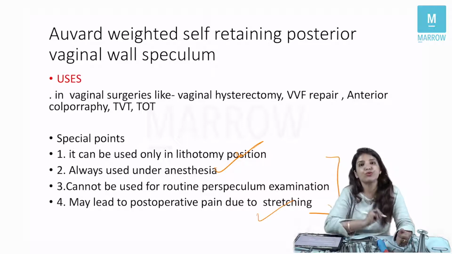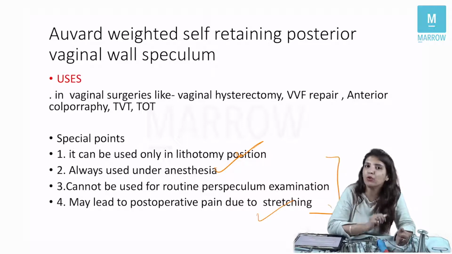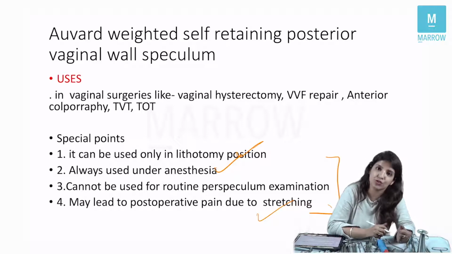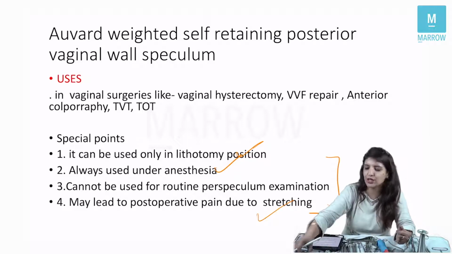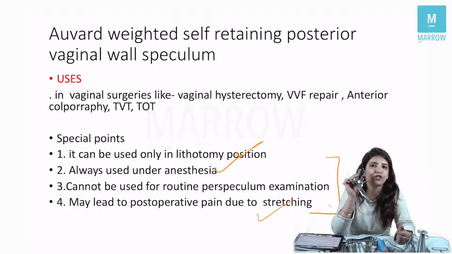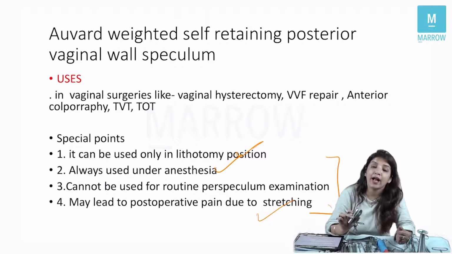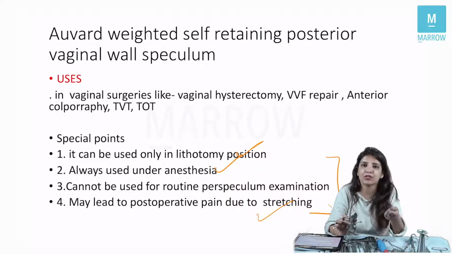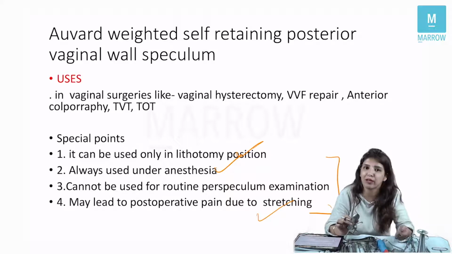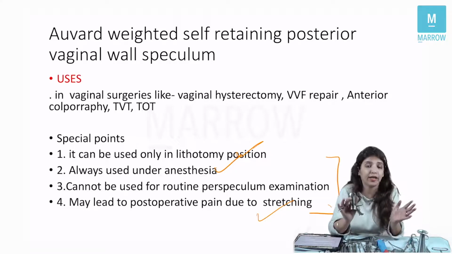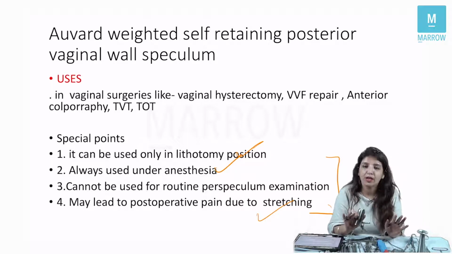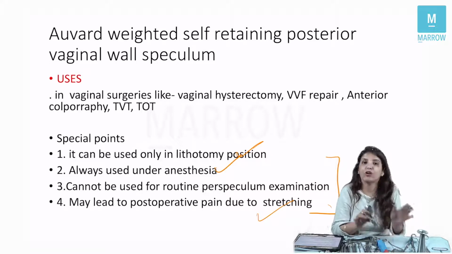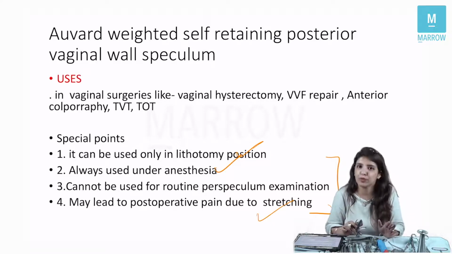Where are you going to use Ward's speculum? You are going to use it when you are doing vaginal surgeries, right? In vaginal surgery, I cannot use a self-retaining Cusco's speculum. And for vaginal surgeries, I cannot ask an assistant to hold the Sims speculum throughout the surgery. I need a speculum which gives me a good area to operate and is self-retaining, and Ward's serves both these purposes, right?